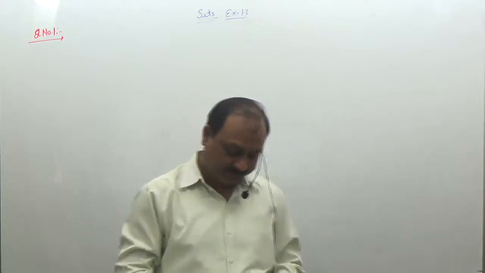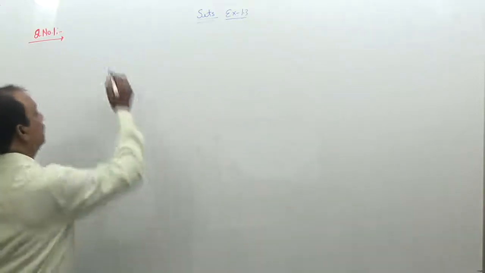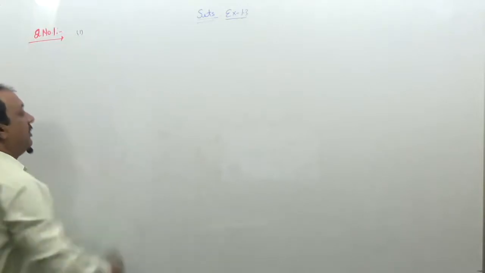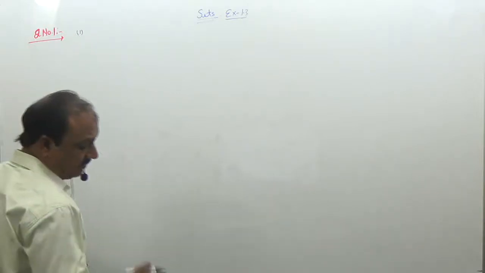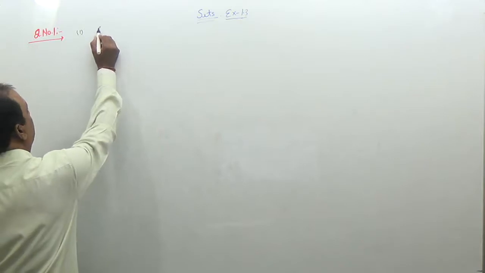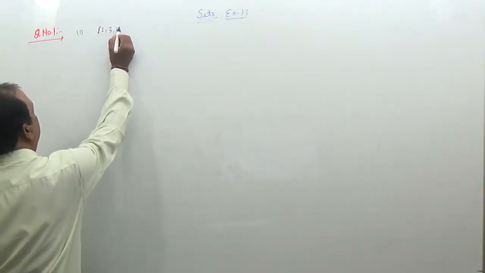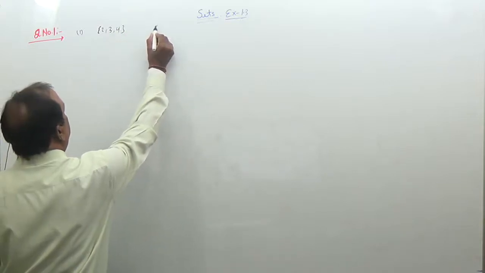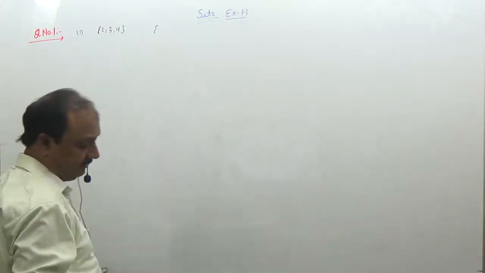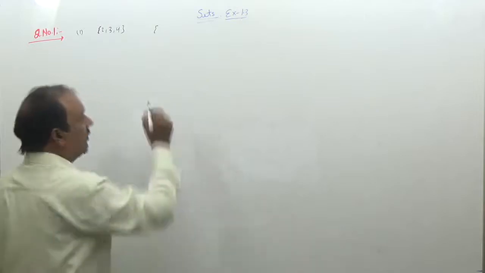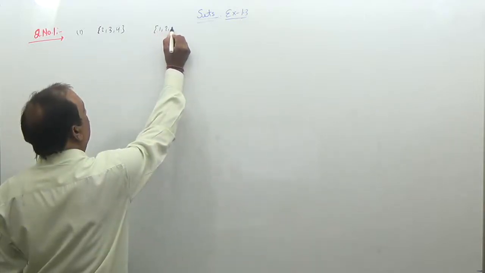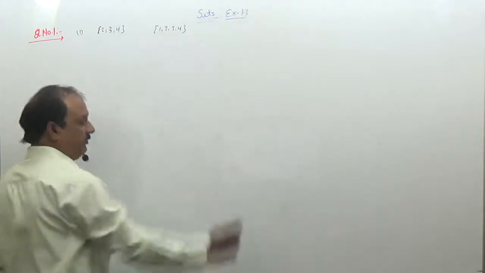So first is, there are two sets given as {2, 3, 4}. One set has elements 2, 3, 4, and there is another set with elements 1, 2, 3, and 4.